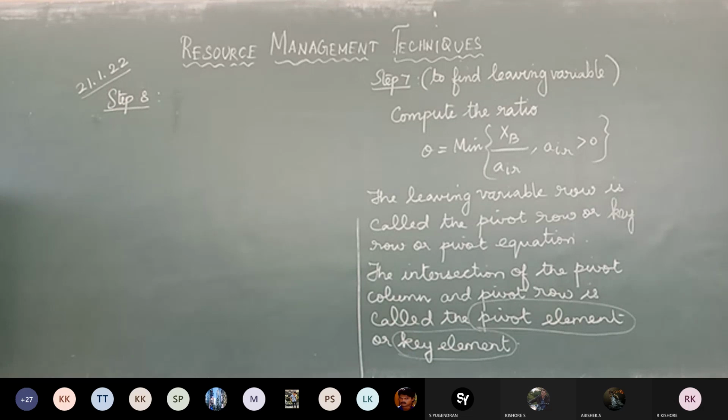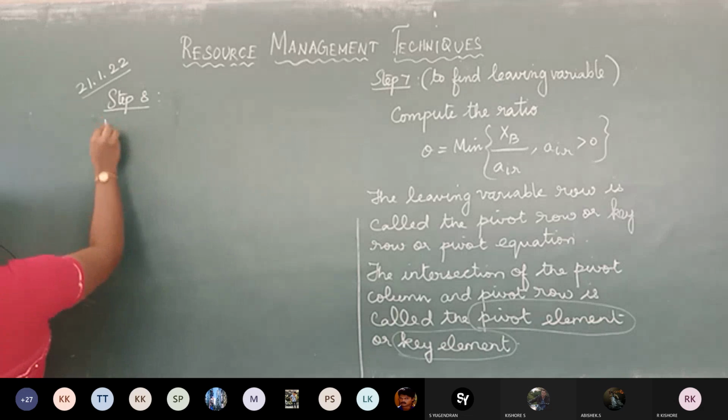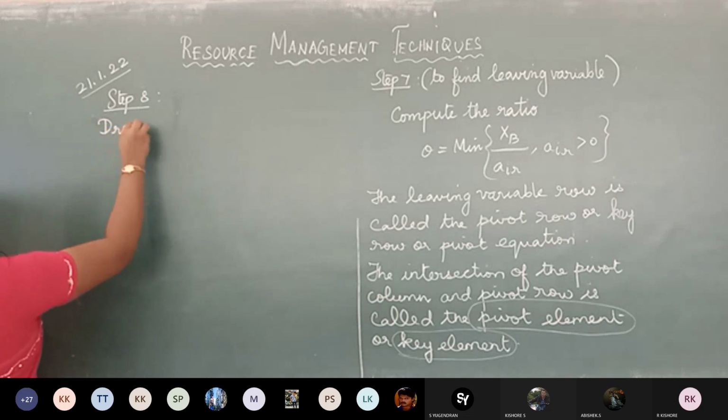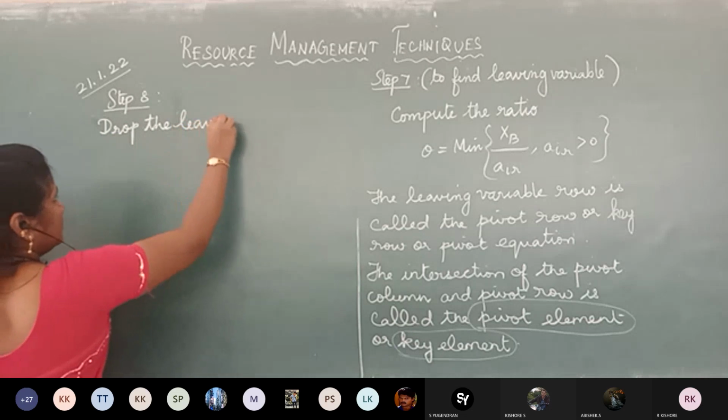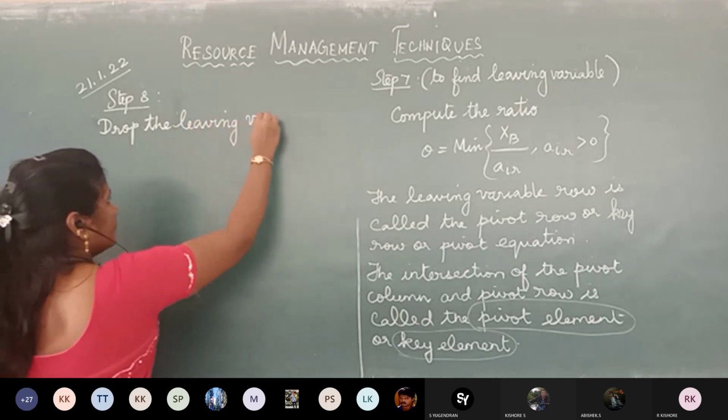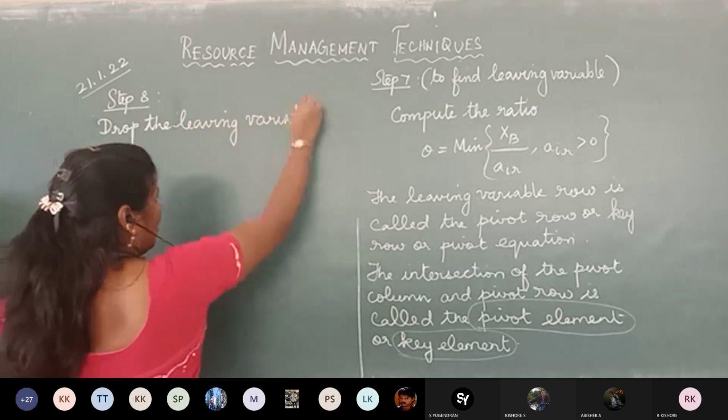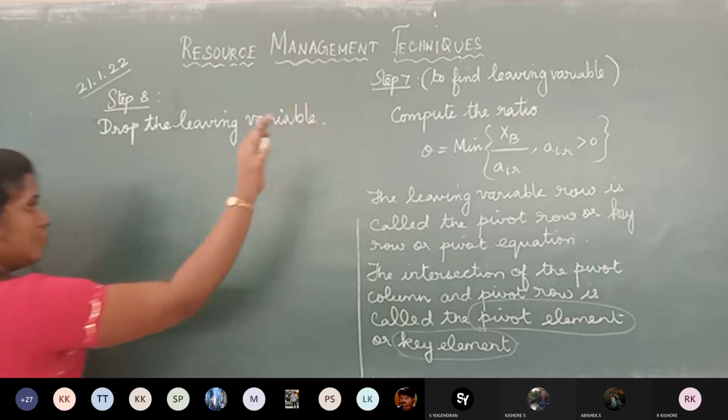In your step 8, what you'll have to do is drop the leaving variable. Whatever leaving variable it is, you will drop it.